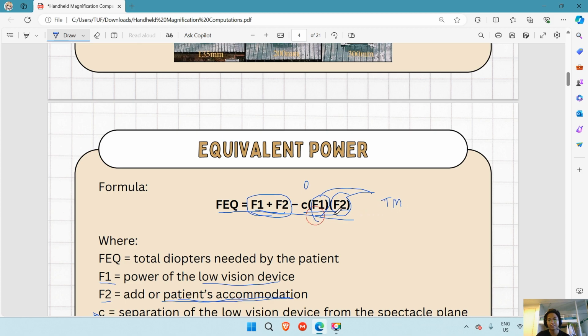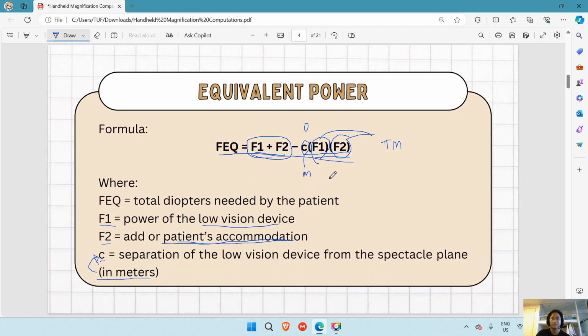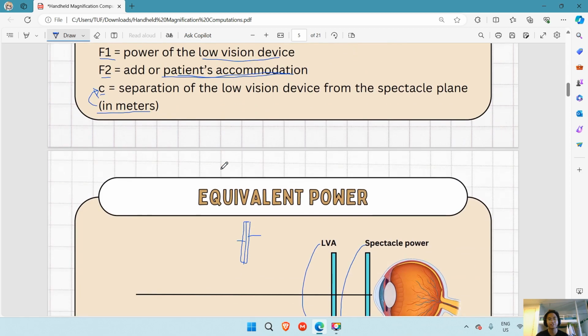So the total magnification is multiplied by the separation distance in meters. So the minus C times F1 times F2 is the deduction from F1 plus F2 if ever there is separation.